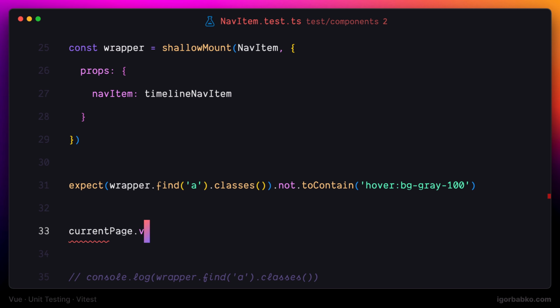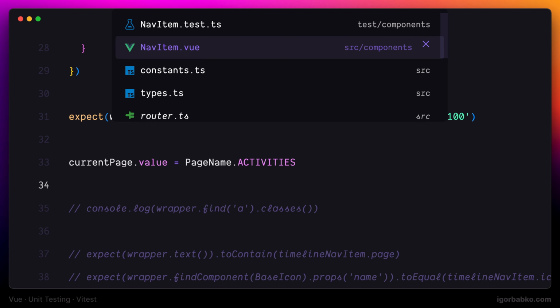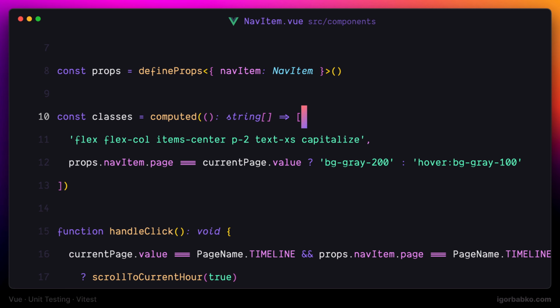But if after this I modify the value of the current page variable by assigning the name of the second page, called activities, in this case the expression used inside the component is going to become false, which means that the class that corresponds to the hover state will be applied to the A element.